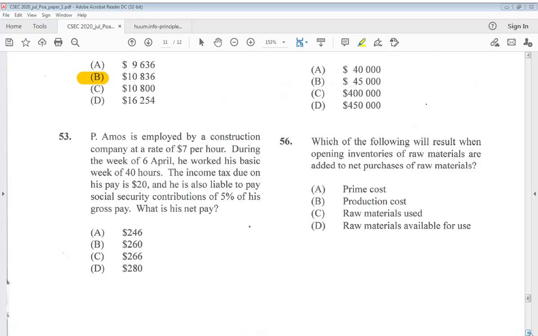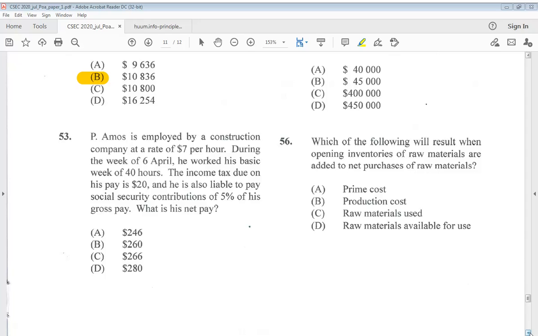Well, we're given the rate per hour, which is $7. He worked the basic week of 40 hours. So 7 times 40, that is $280. Now the income tax, we have $20. And now we're looking at our deductions. It says 5% of gross pay. So 5% of $280, that's $14.